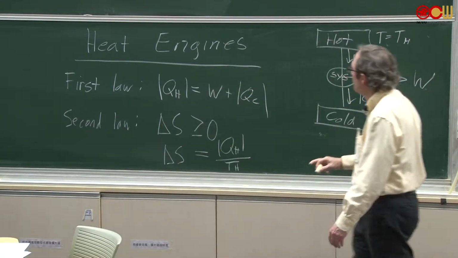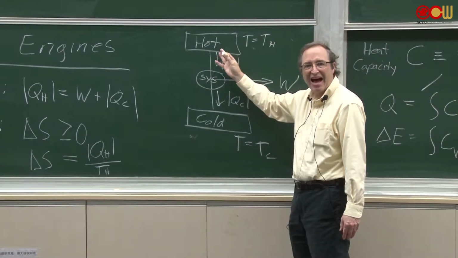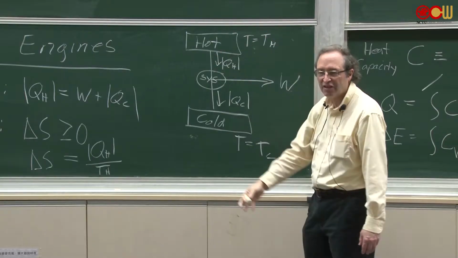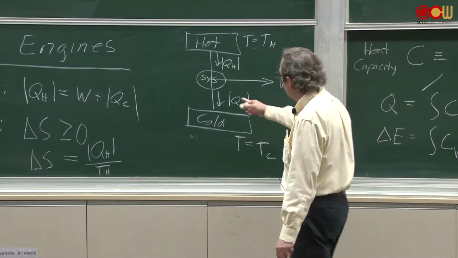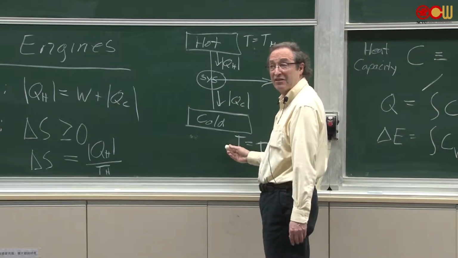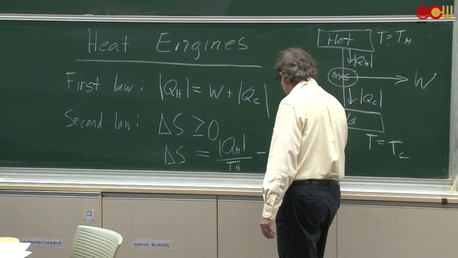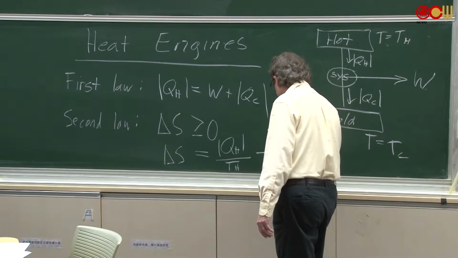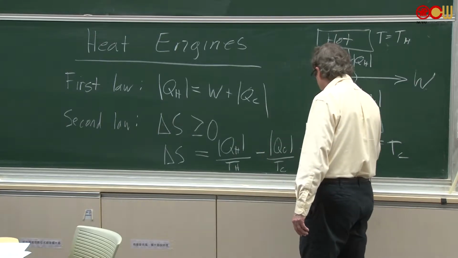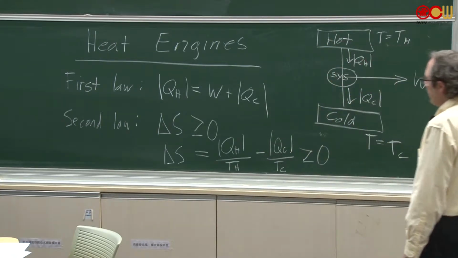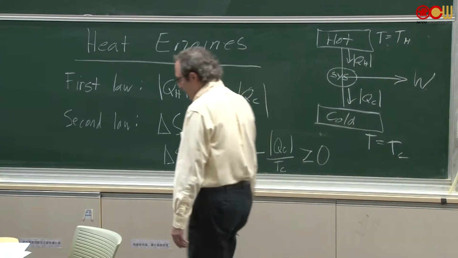All right? Because our system here is kept at this hot temperature, and the energy is flowing into it. All right? Then here, the energy is flowing out at the cold reservoir. So we have minus QC over TC. And this has to be greater than or equal to 0. All right, so we use the first and second law of thermodynamics.